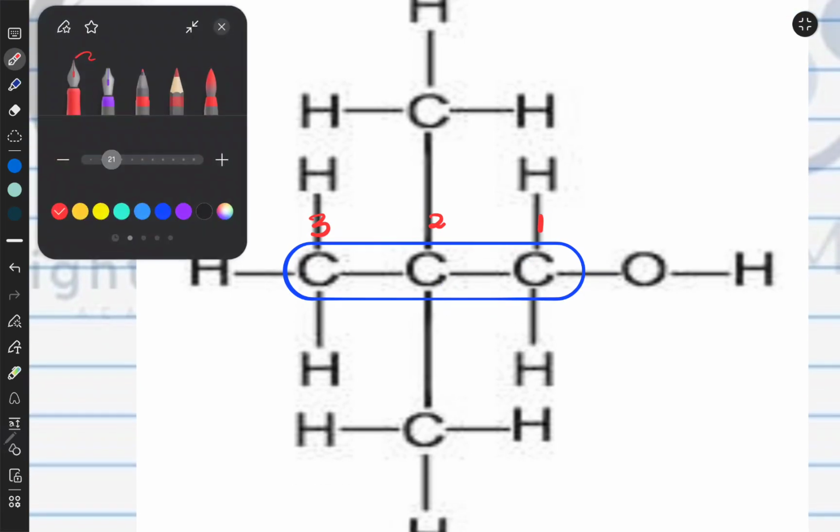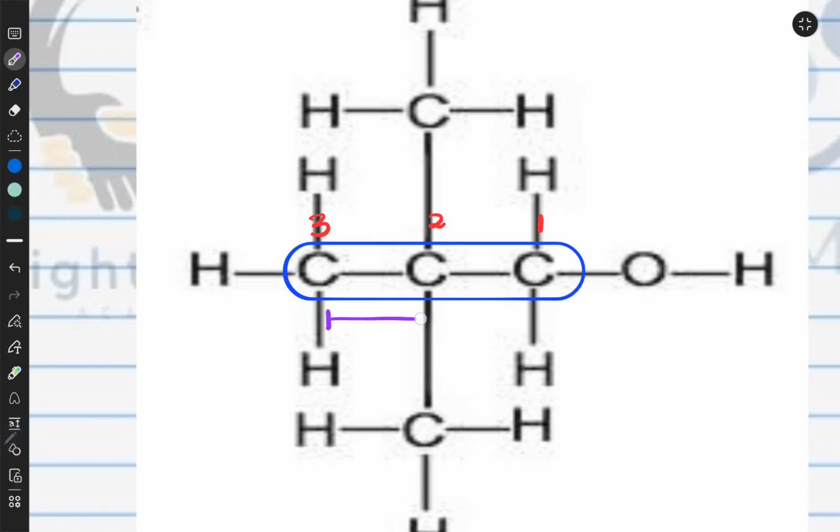It wouldn't work if we started numbering from left to right instead, because it would put our hydroxyl group on carbon atom number 3. So let's see that, 1, 2, 3. So you see, right? We have to number from right to left in this case.